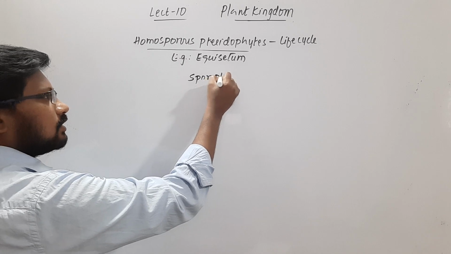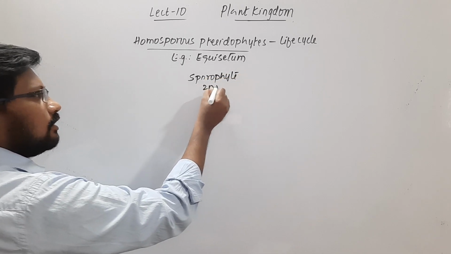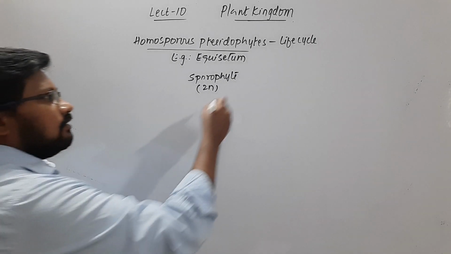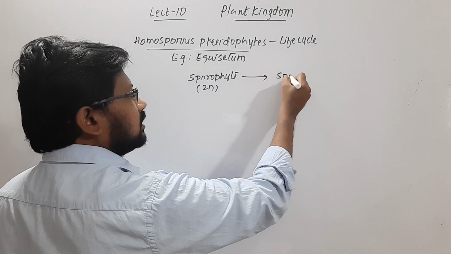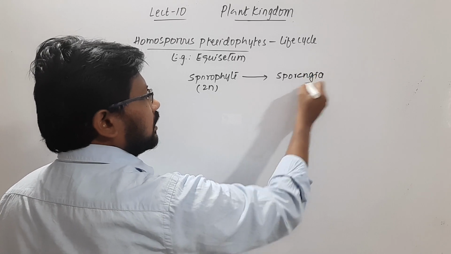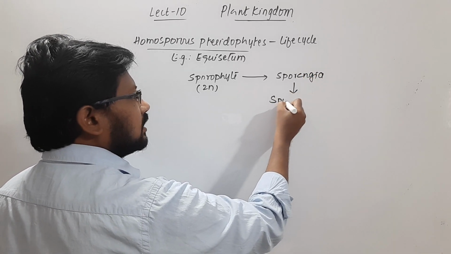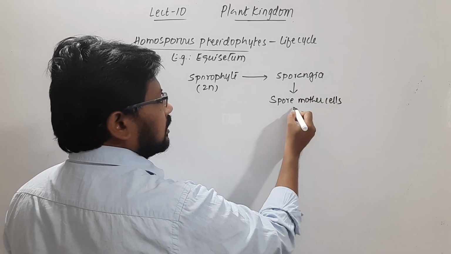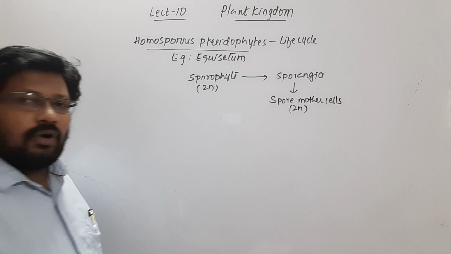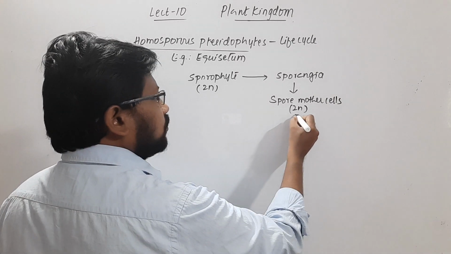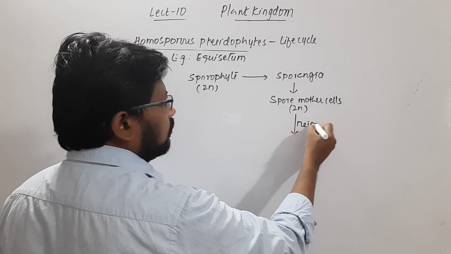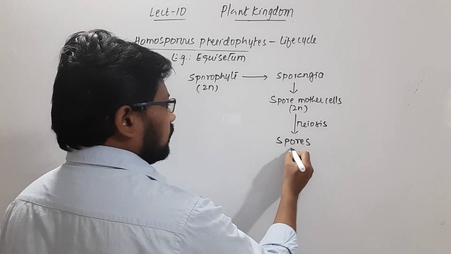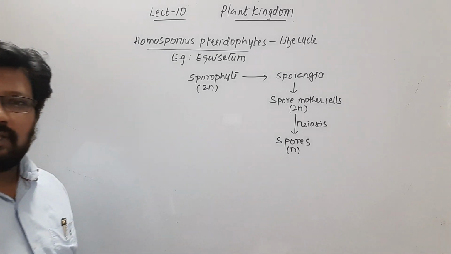We know the sporophyte is diploid in condition, and this sporophyte will bear sporangia. Inside the sporangia there are spore mother cells, which are diploid in condition, and these spore mother cells will undergo meiosis and produce spores, which will be haploid.